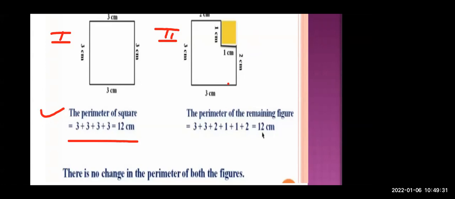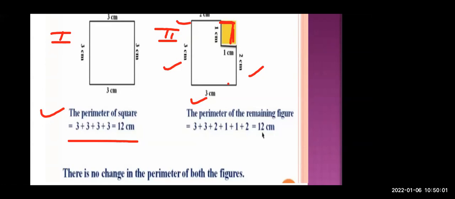Here it is given 2 centimeter, 3 centimeter, 3 centimeter and 2 centimeter. ये पार्ट और ये पार्ट नहीं है. Yes, that I have made in the yellow color. Yellow color में दिख रहा है ना आपको? So that part measurement is not given. Now what happened here? If it is whole, because we know that the square all the sides are same. All the sides must be same.